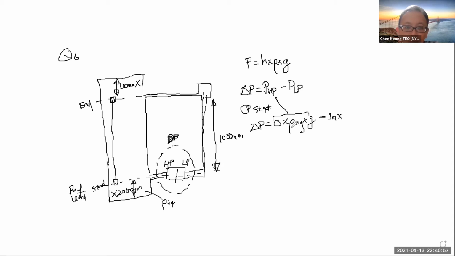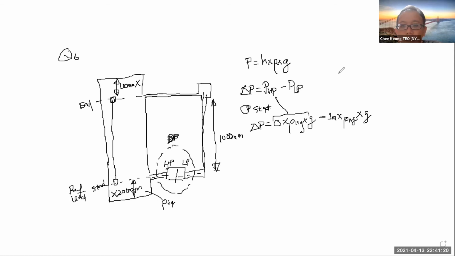I would think so, because they seem to be sharing the same liquid. So we assume it's rho liquid again times G, right? Now, what is the density of the liquid is not given. Only the specific gravity is given.